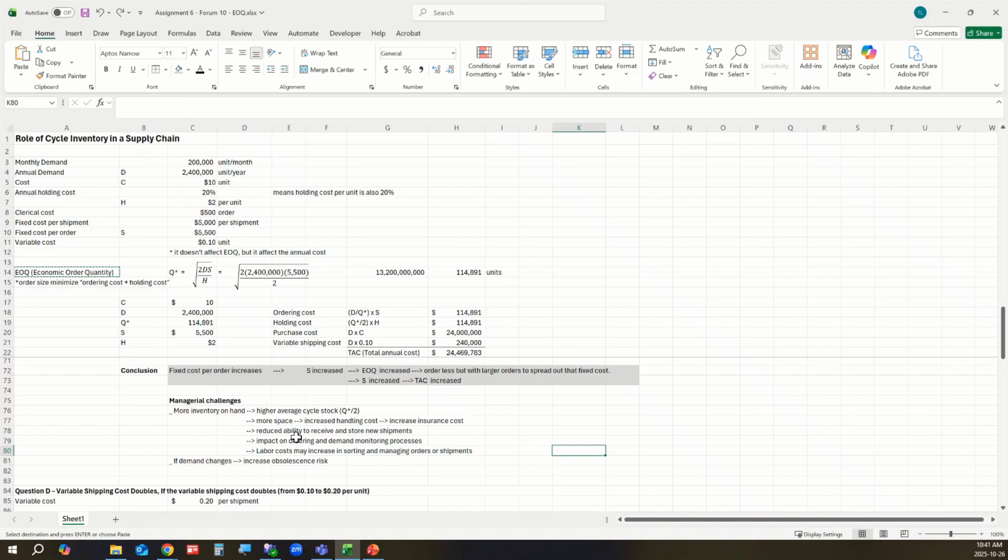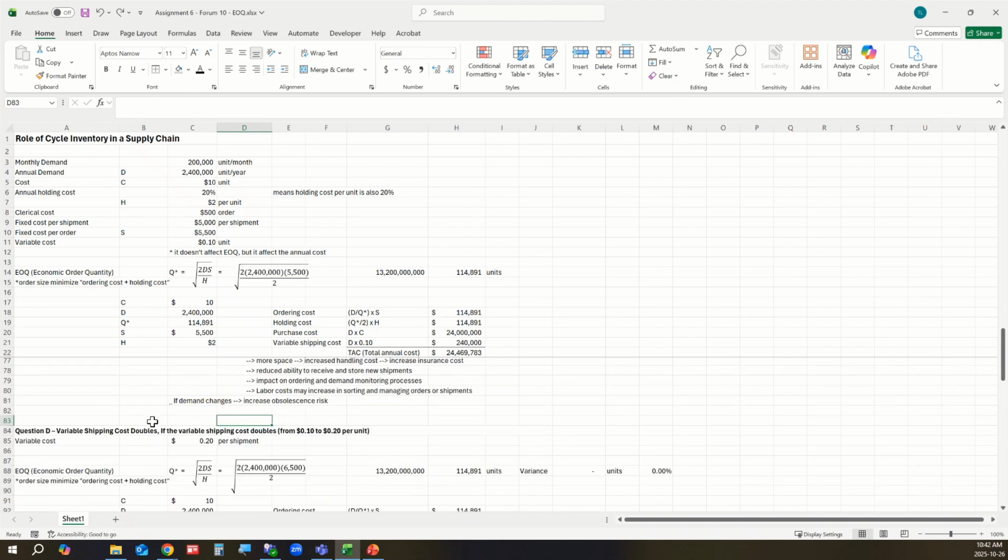It will reduce the ability to receive and store new shipments, and impact ordering and demand monitoring processes. The labor cost may increase in sorting and managing orders or shipments. And of course, when the demand changes, it also increases the obsolescence risk. So we finished question C.